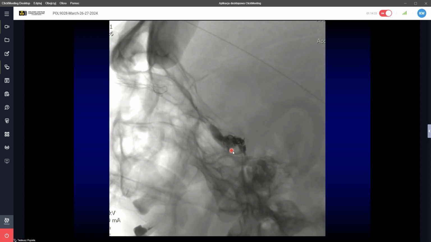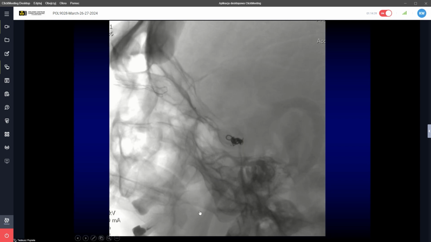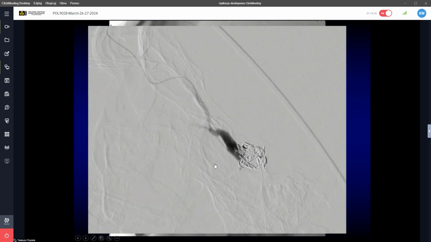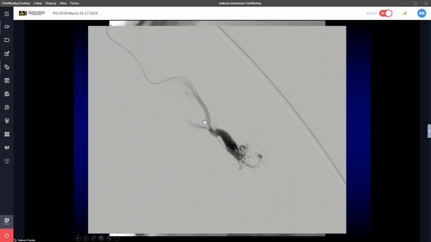Here is the contrast media, and there are the first coils. This is quite a typical site of embolization. You can see the microcatheter, coils, and contrast, which is actually introduced via the microcatheter.